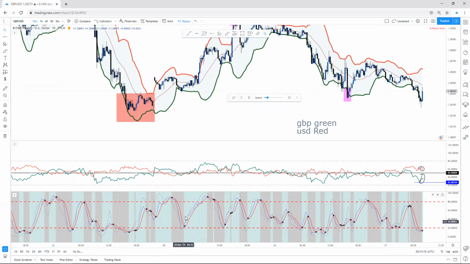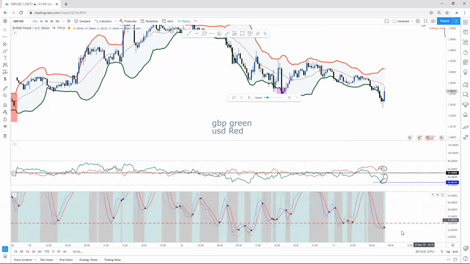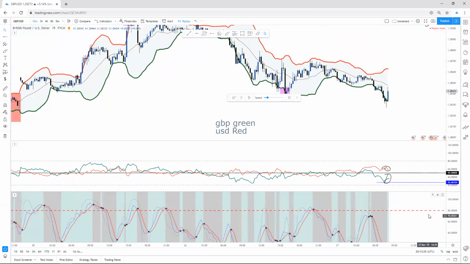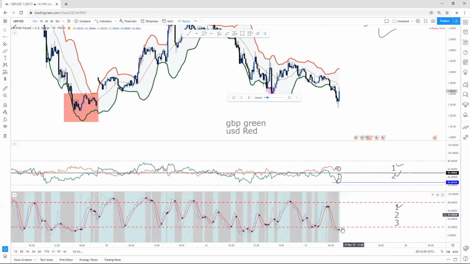Blue line crosses above the red. That symbolizes a buy. So we want to catch that early stage so we can get a good entry. So in this case, we got a crossing. We are on the 20 zone. That's the first confirmation. Second confirmation, blue line crossing red in a buy situation. Again, in a buy situation, the blue line has to be above the red, okay?